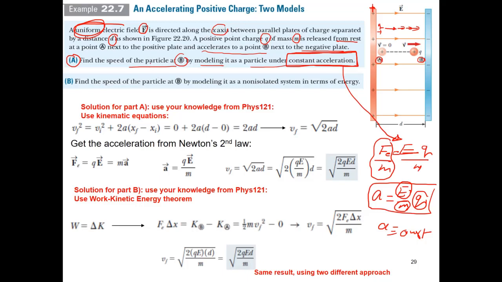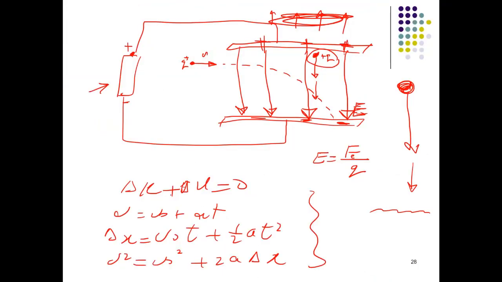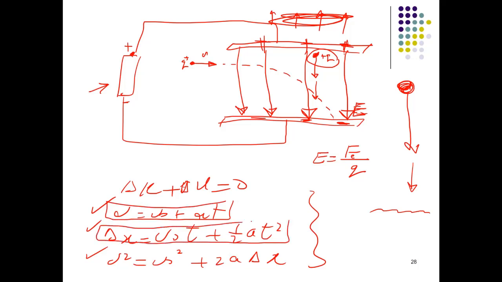The question asks us to find the speed at the end. So maybe this is an easy option for us because there is no time given. Let me go back to see this equation, this equation, this equation. I did not use the first one because there is a time and we don't have time. I did not use the second one because also there is a time. We don't have time in the problem. So we're going to use this.